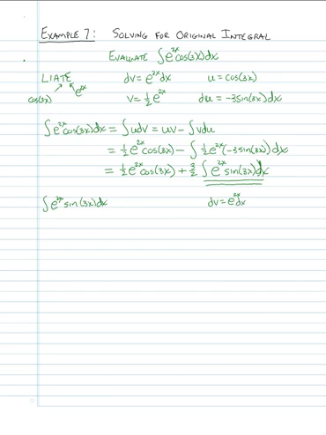And so v, once again, is 1/2 e to the 2x. And I'm going to choose u to be sine of 3x. Although before I chose it to be cosine of 3x, but that's because I had a cosine. And so du, the derivative of sine, is just cosine, times the derivative of 3x, which is just 3. So we get 3 cosine 3x dx.